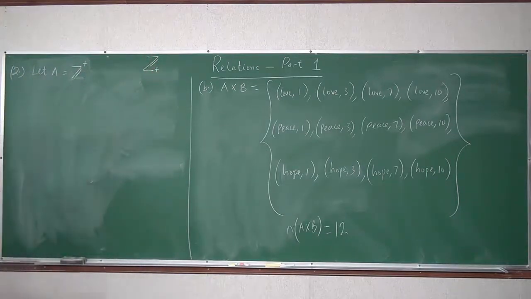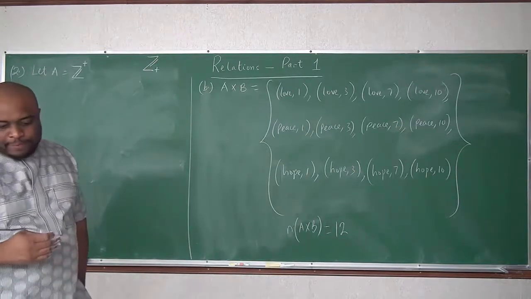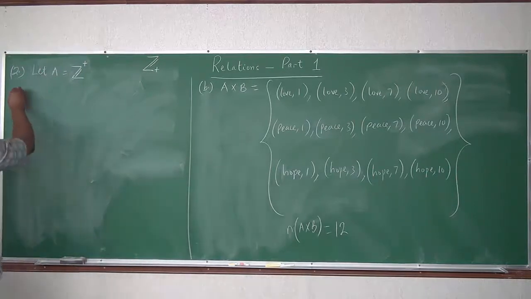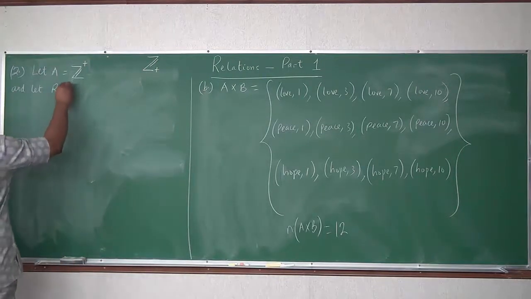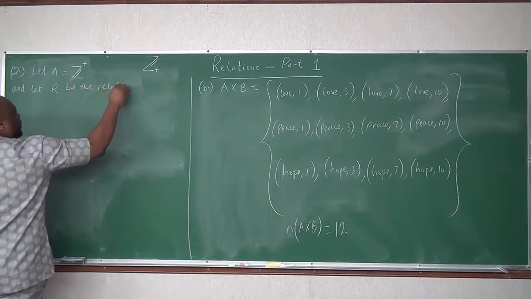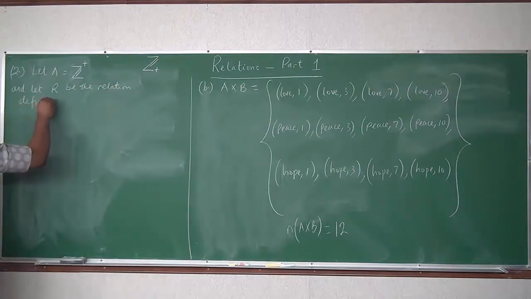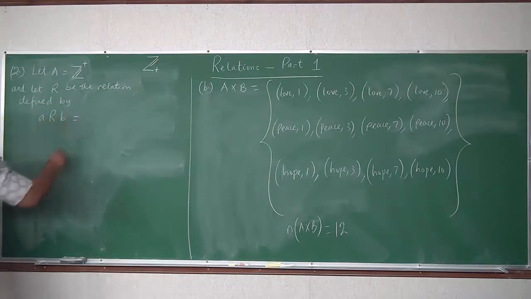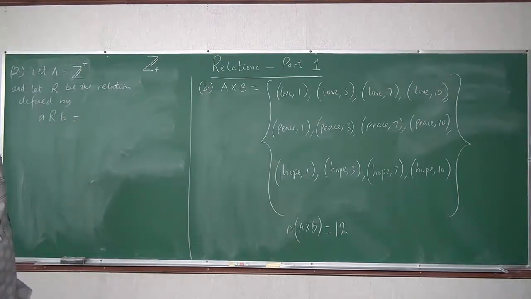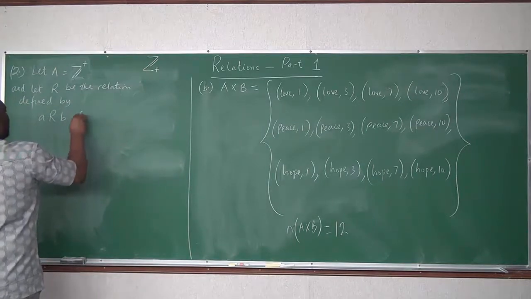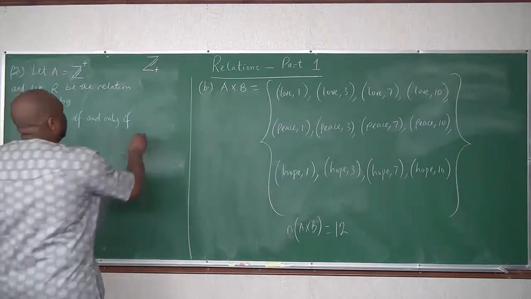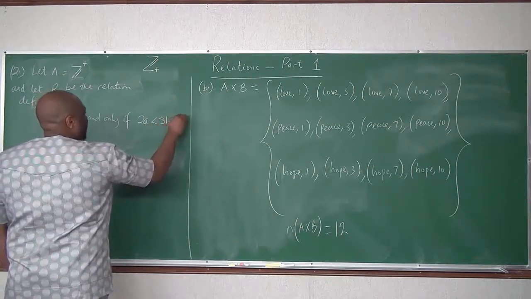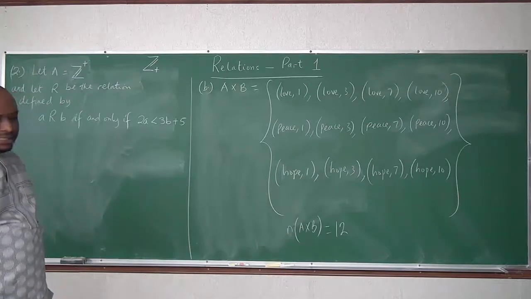Let A be the set of positive integers, and let the arrow be the relation defined by: A relates to B if and only if 2A is less than 3B plus 5.